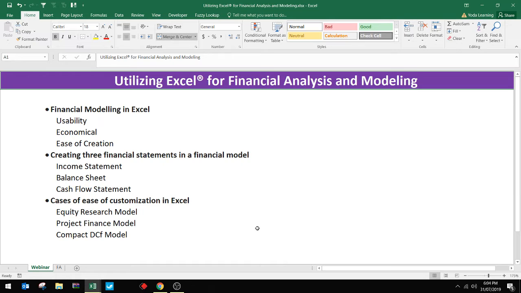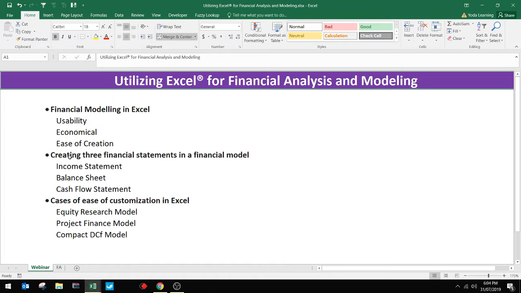This webinar is going to be divided into three different sections. The first and foremost is going to be talking about financial modeling in Microsoft Excel. That is going to be a brief discussion about the key points on why financial modeling is very useful in Microsoft Excel. After that, you and I will be creating three financial statements in a financial model.